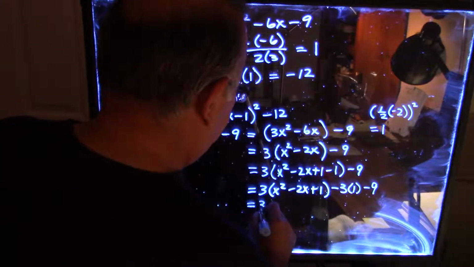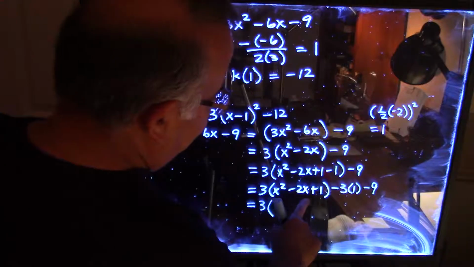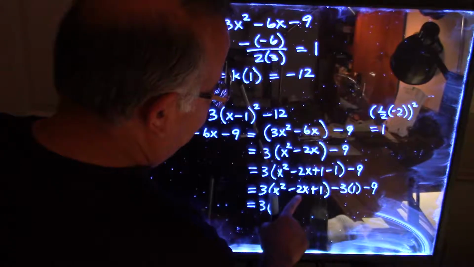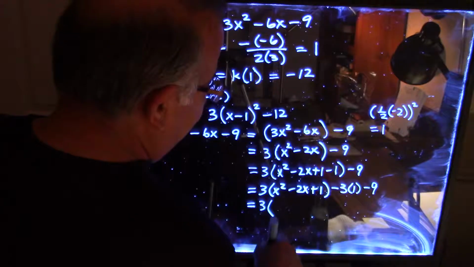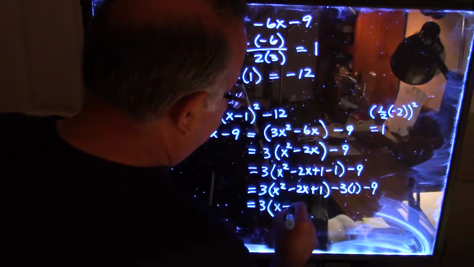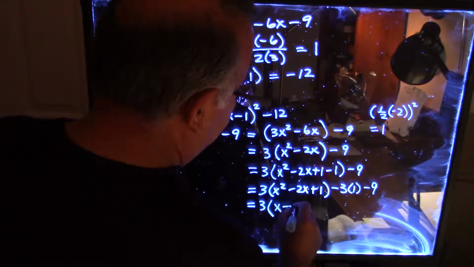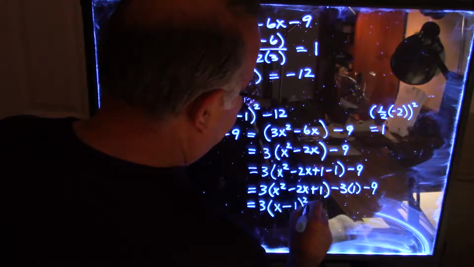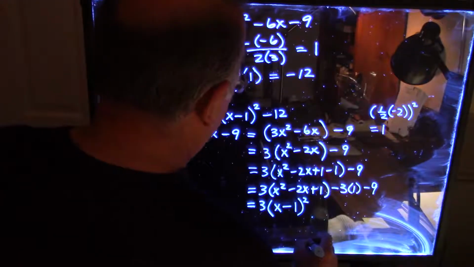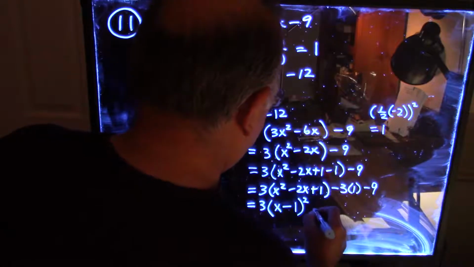Now this is a perfect square trinomial again, so you could take the square root of 1 or take half of 2. And since there's a minus here, you put x minus 1, quantity squared. And minus 3 minus 9 is minus 12.